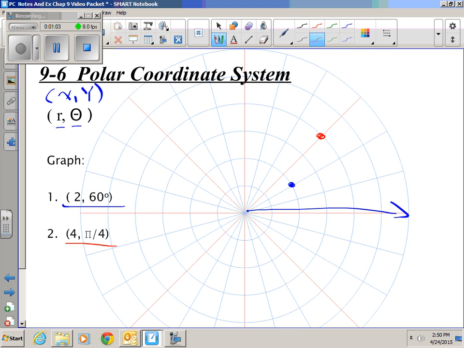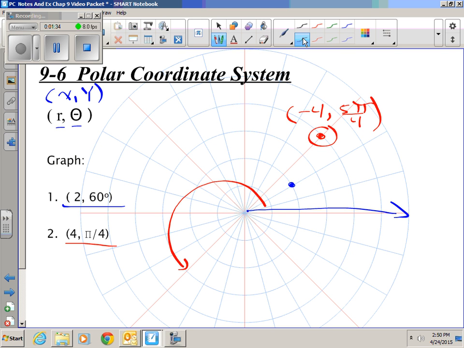I could also name this ordered pair right here, 4 comma pi over 4, as negative 4, and the angle of that would be 5 pi over 4. So this point right here could also be written as negative 4 comma 5 pi over 4.